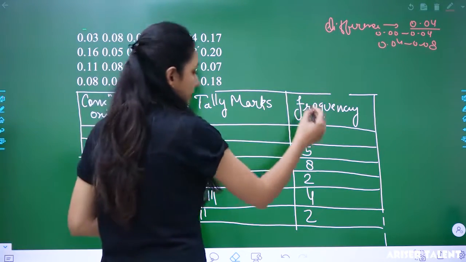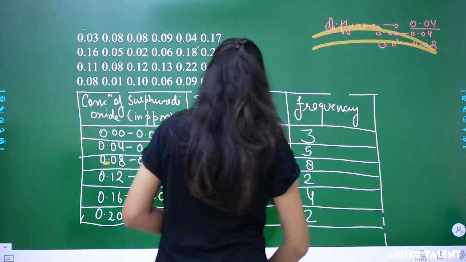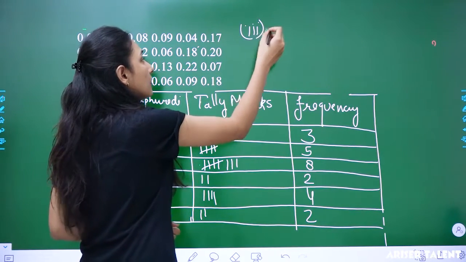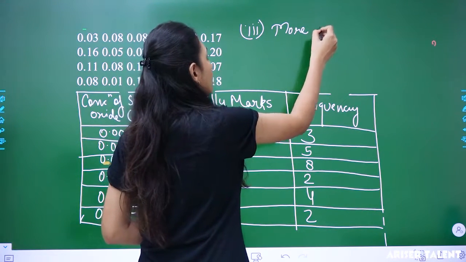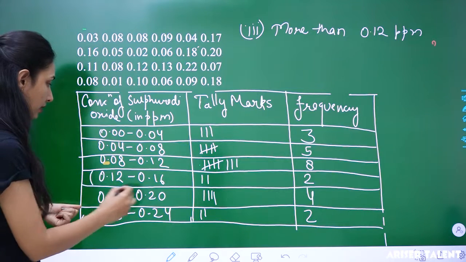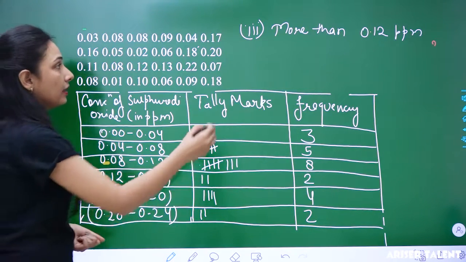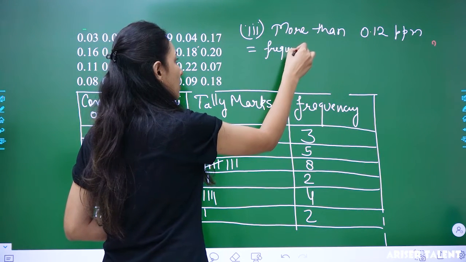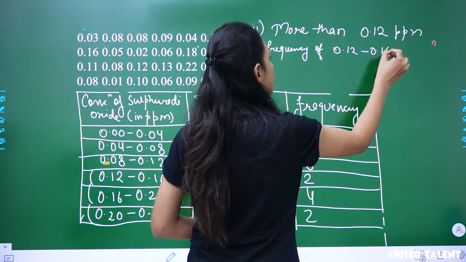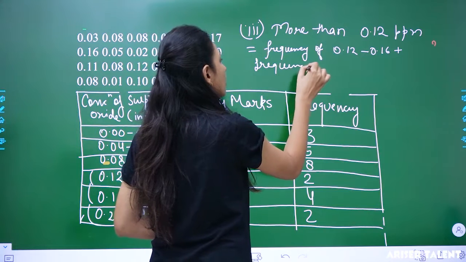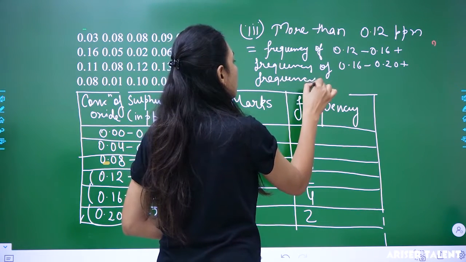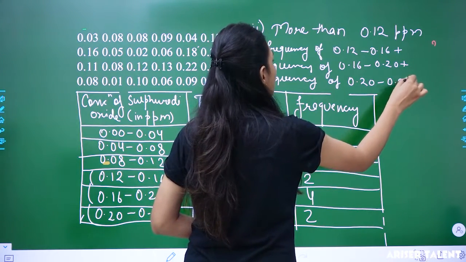So when we talk about the third one, more than 0.12 ppm is going to have this data, and this will be equal to the frequency of 0.12 to 0.16, plus the frequency of 0.16 to 0.20, plus the frequency of 0.20 to 0.24.